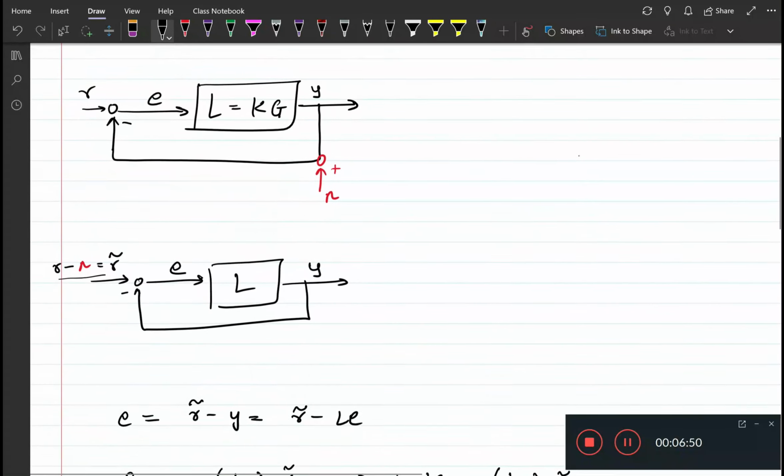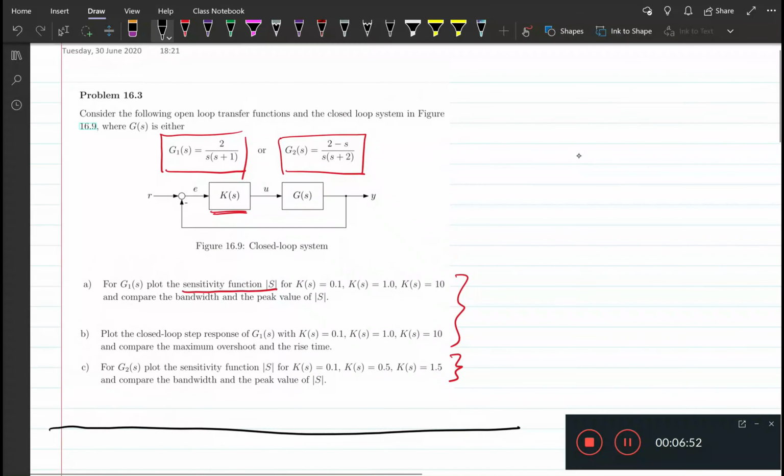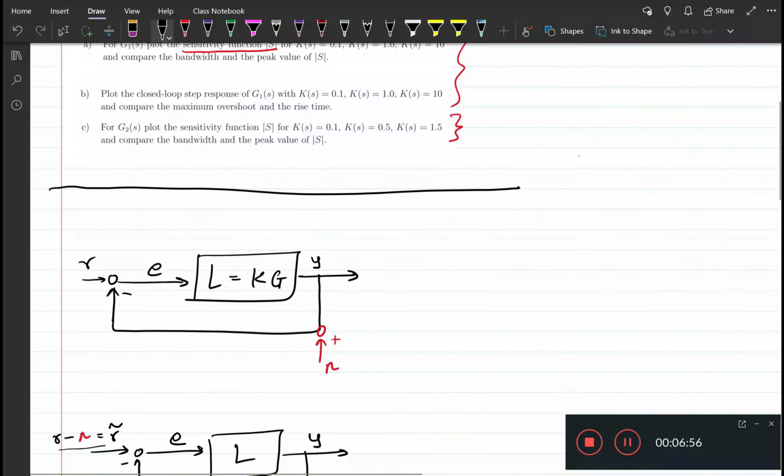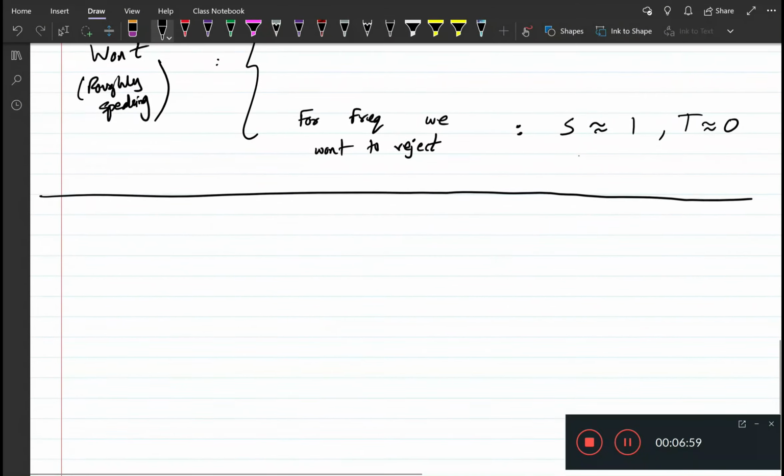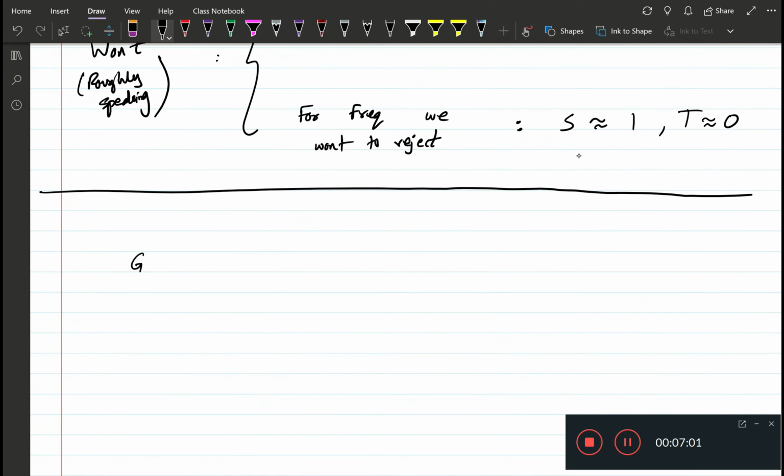So let's take the first transfer function, which is G1, 2 over s times (s plus 1). So now G1(s) is 2 over s times (s plus 1). Let's quickly note that this is marginally stable.